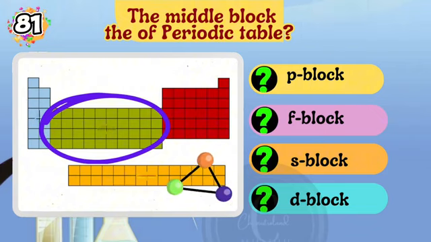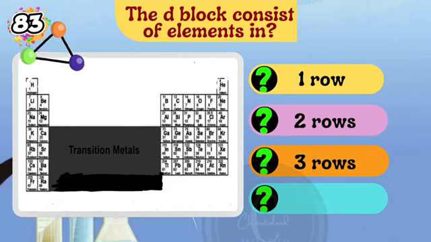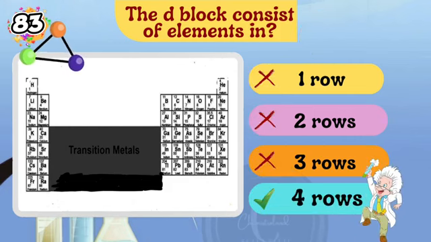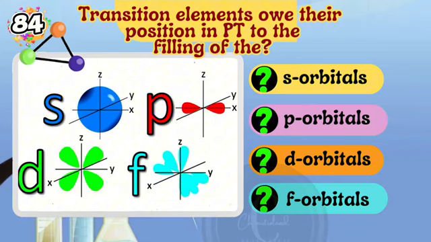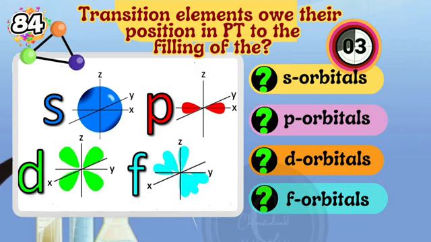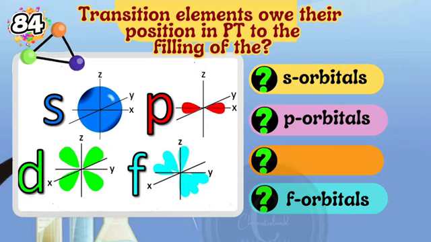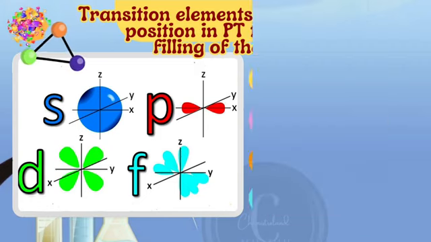The D block consists of elements in 4 rows. Transition elements owe their position in periodic table to the filling of the d orbitals.